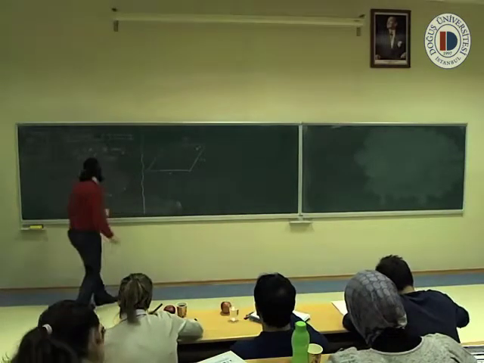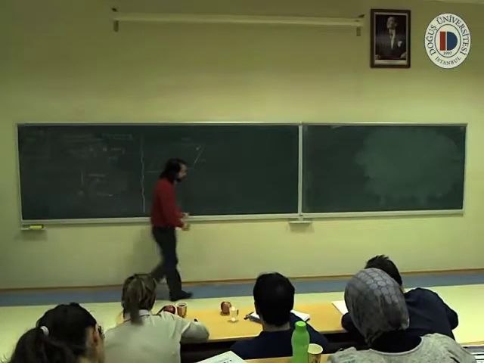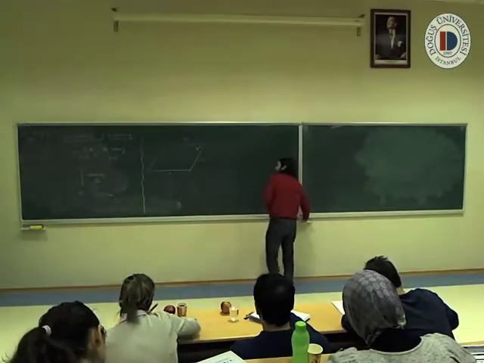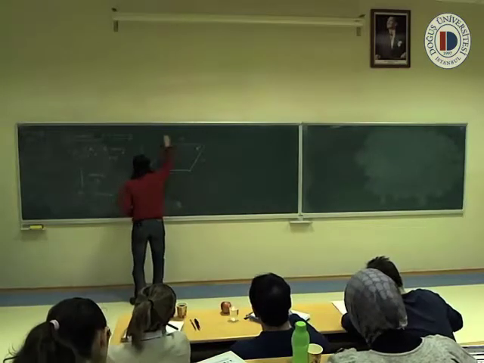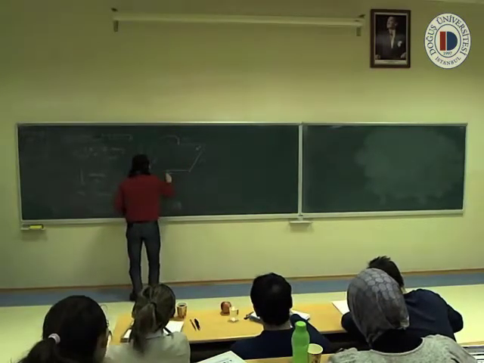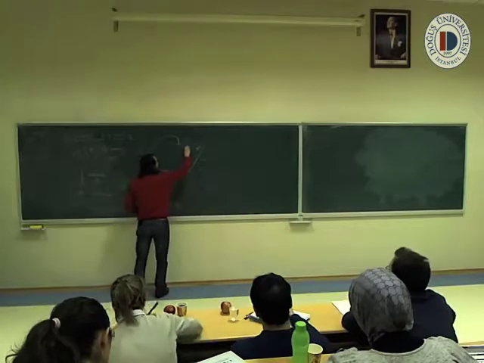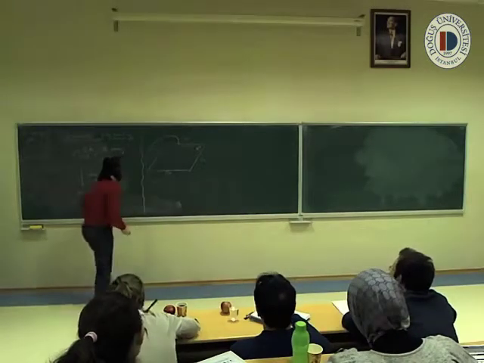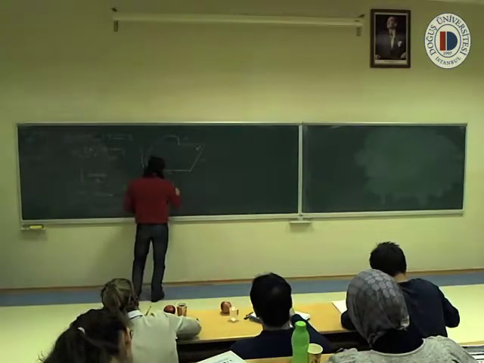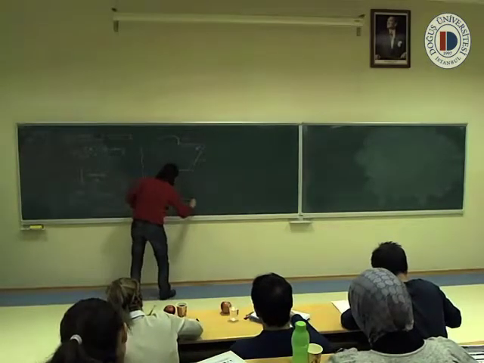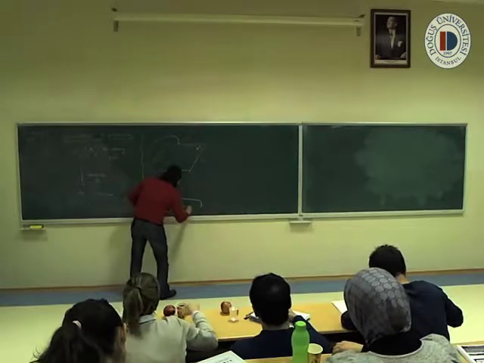What I can do is identify minus infinity and plus infinity in the y direction. So I claim that each point here is exactly the same as here. What you get is something simple, you all know: a cylinder.